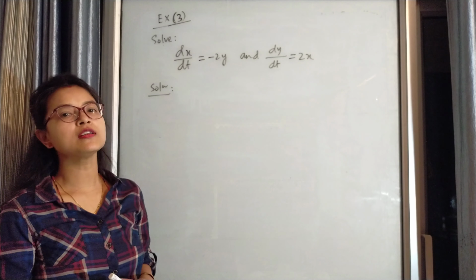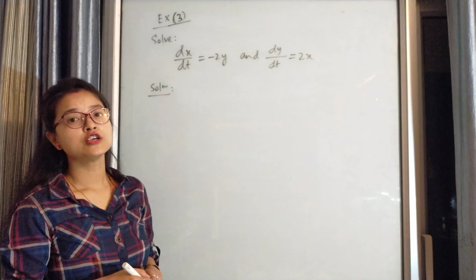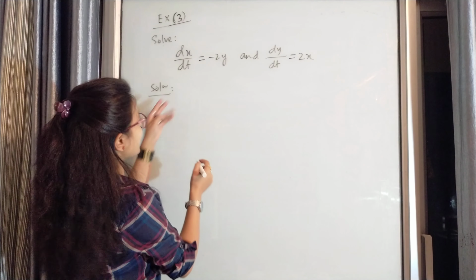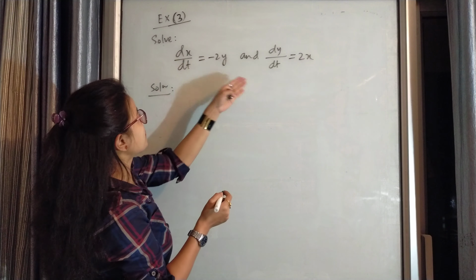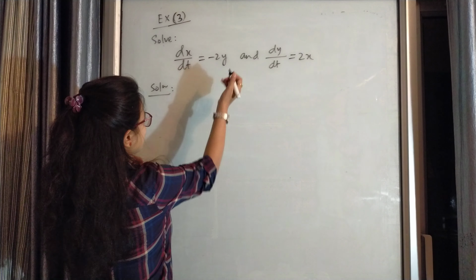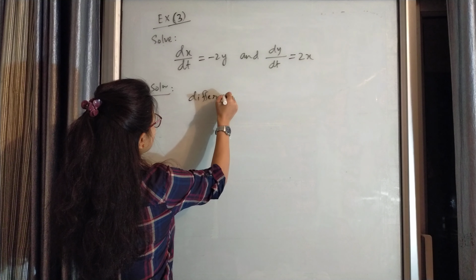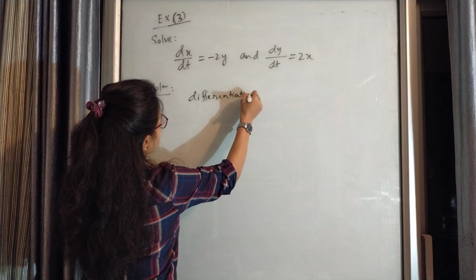Now we will look at another example to see the application of method 2. So we can differentiate any one of these equations to obtain the value of one dependent variable. Say differentiating, let's differentiate the first equation.